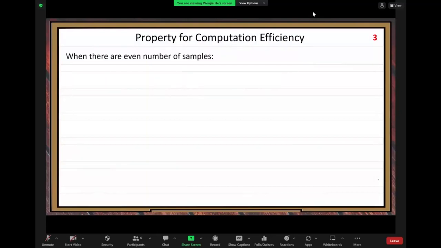Property for computation efficiency, when there is an even number of samples. In order to apply the property, we need to assume there is an even number of samples. If odd, we need to find a way to make it even. Even, because with even we can use symmetry. Odd, the symmetry is not that convenient. So n equals 2m, where m is 1/2 of the sample number.